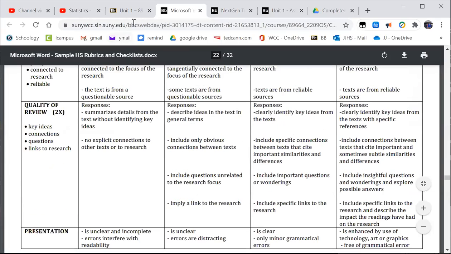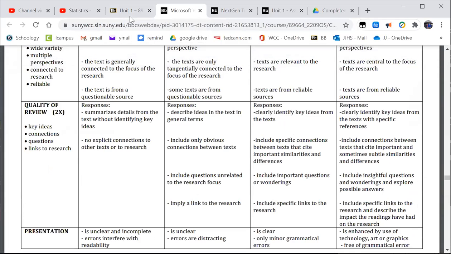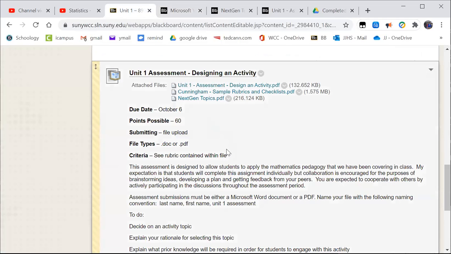So this is really just there. You don't have to model any of yours after this. It's just to give you some pathway into developing your own rubric, right?